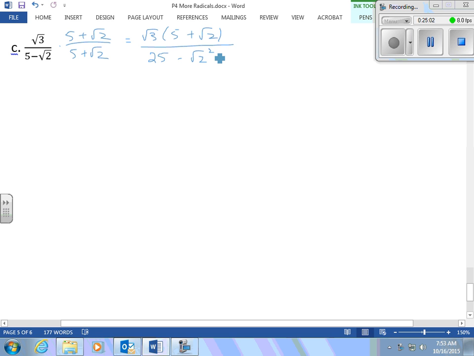Okay, a squared minus b squared. Let's multiply through in the numerator because that's not nice to have the radical out front and whole numbers inside the brackets. So that will become 5 root 3 plus root 6 all over, and that'll be root 2 squared gives me 2, so 25 minus 2 over 23. And we're finished.